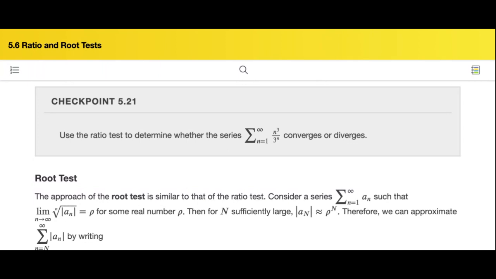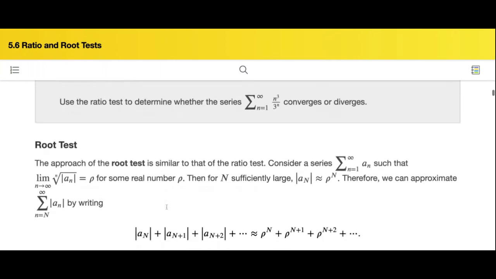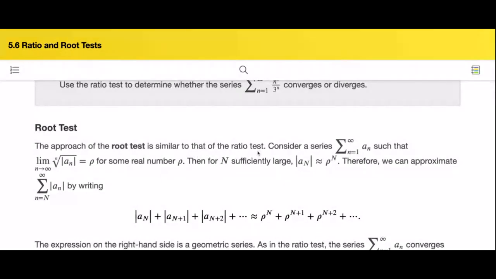Okay, so the next one is the root test. The approach of the root test is similar to that of the ratio test. Consider a series of a_n such that the limit of the nth root of that equals rho.